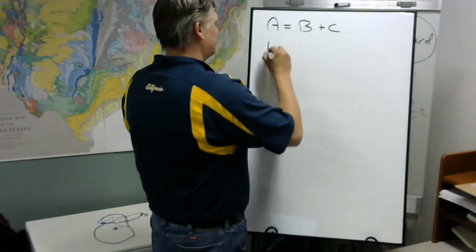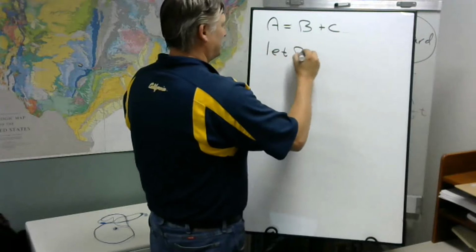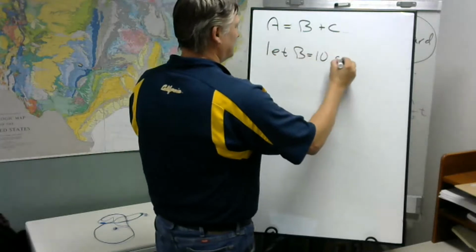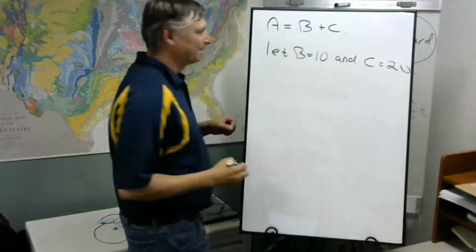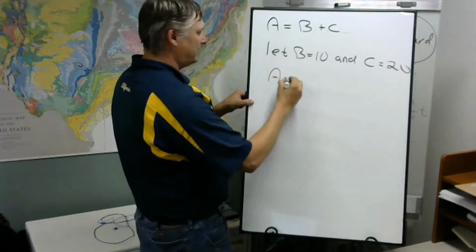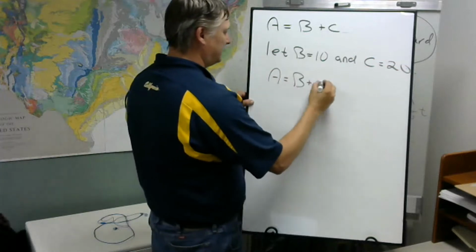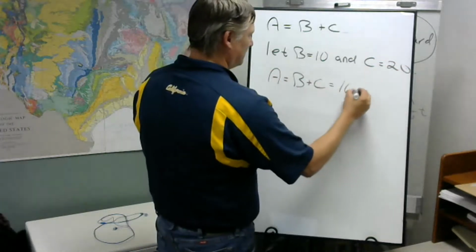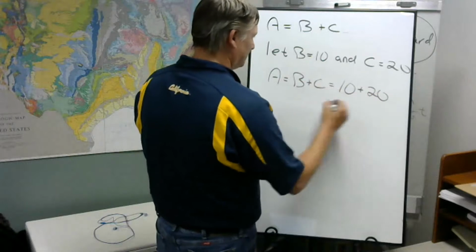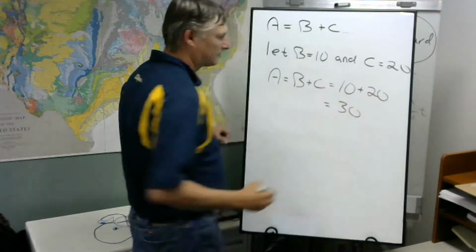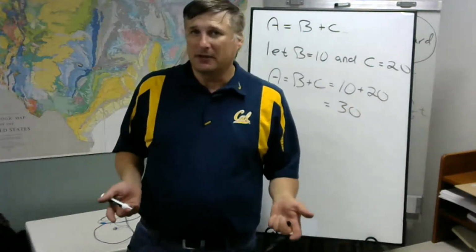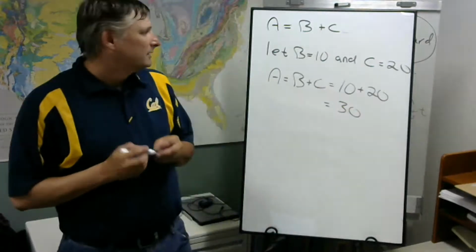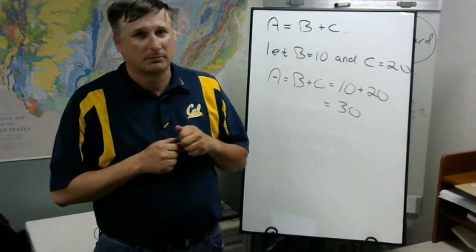So if we say let B equal 10 and C equal 20, well then A, which is B plus C, will be 10 plus 20, or 30. So when we're given B and C, we automatically figure out A. Now here's the problem though.